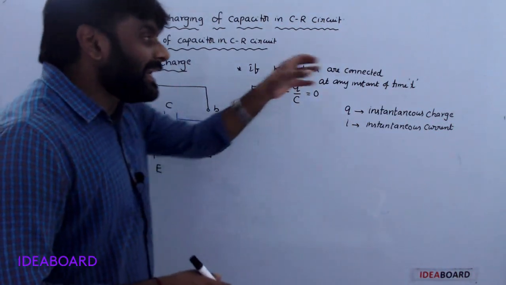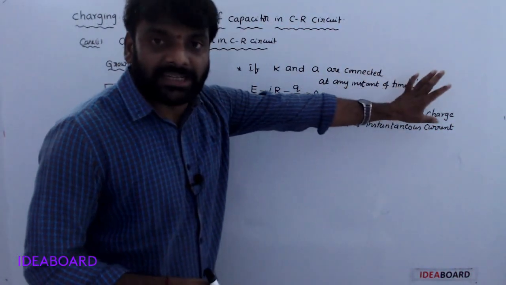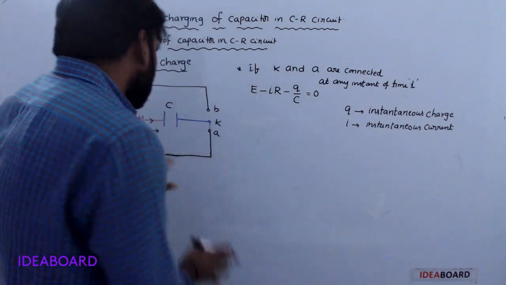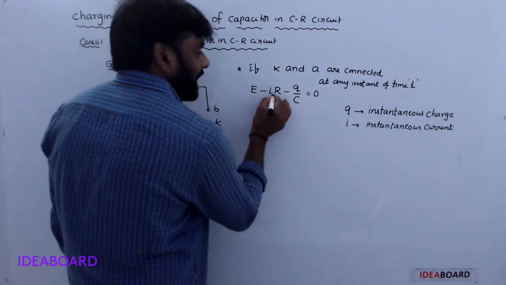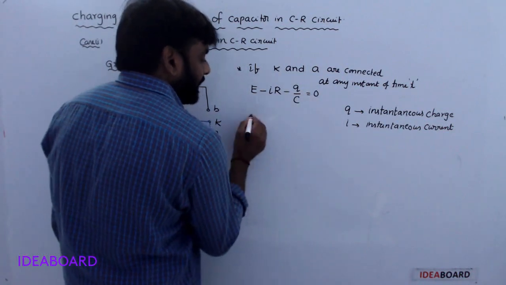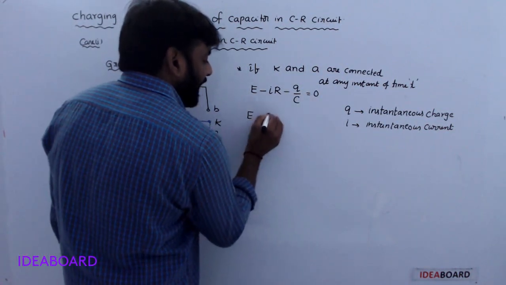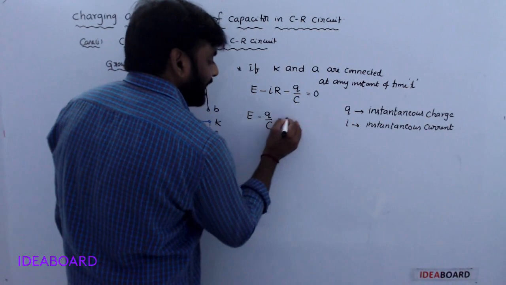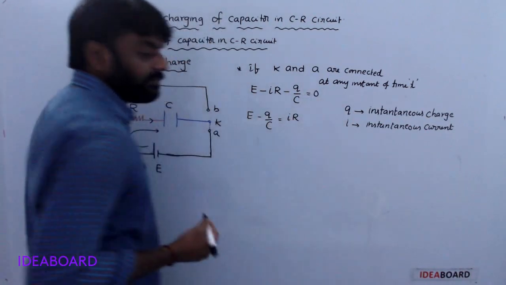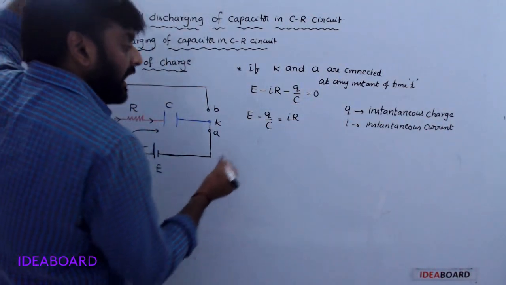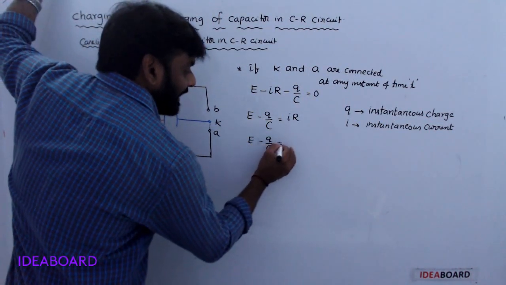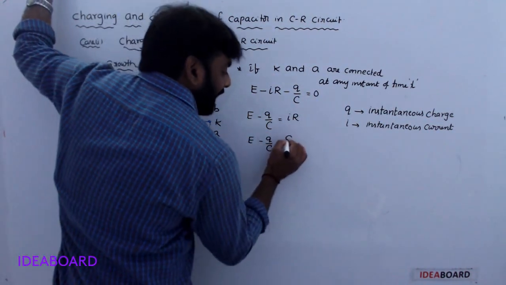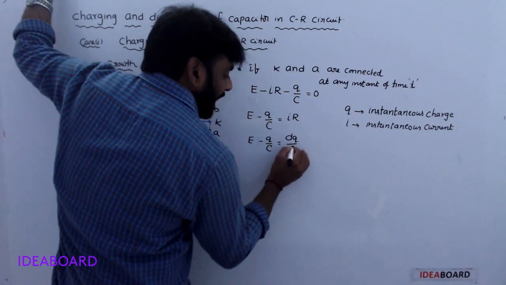So at any instant of time t, apply Kirchhoff's laws: E minus IR minus Q by C is equal to 0. E minus Q by C is equal to IR, and I means dq by dt, so E minus Q by C is equal to R dq by dt.